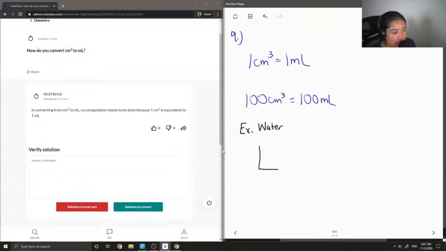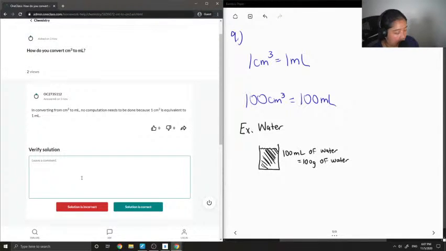Because water is one of those special compounds that when you have 100 mils of water, this is the same as saying you have 100 grams of it as well. This solution is correct.